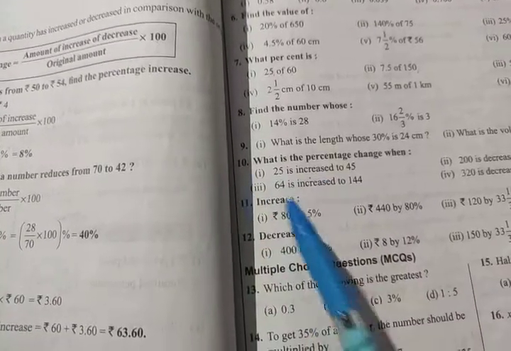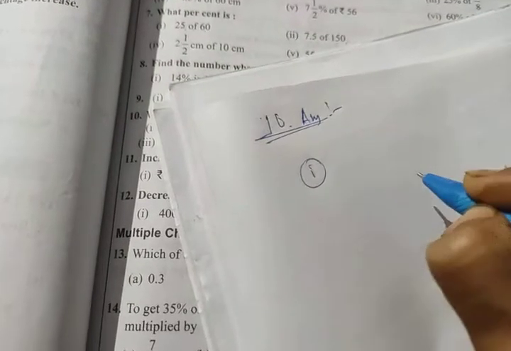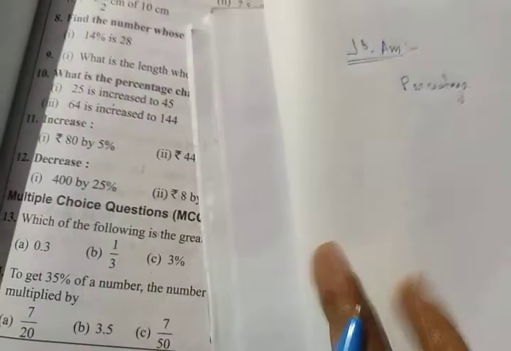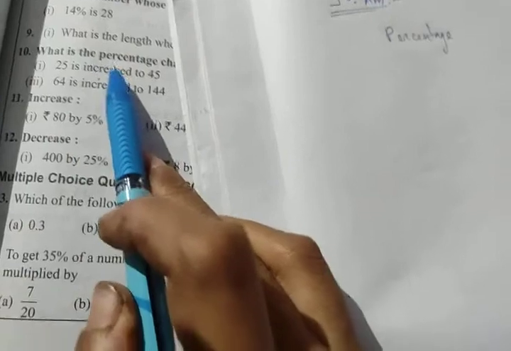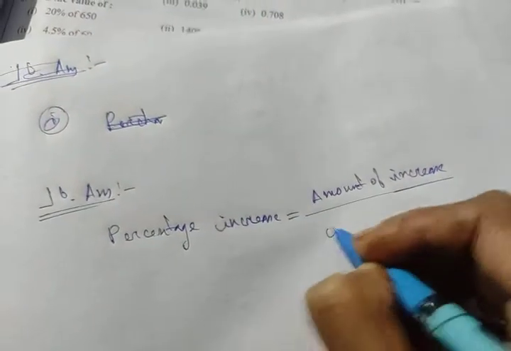In question number 10, 1. What is the formula of percentage change? Here since it is increasing, that's why we will write percentage increase is equal to amount of increase by original amount.